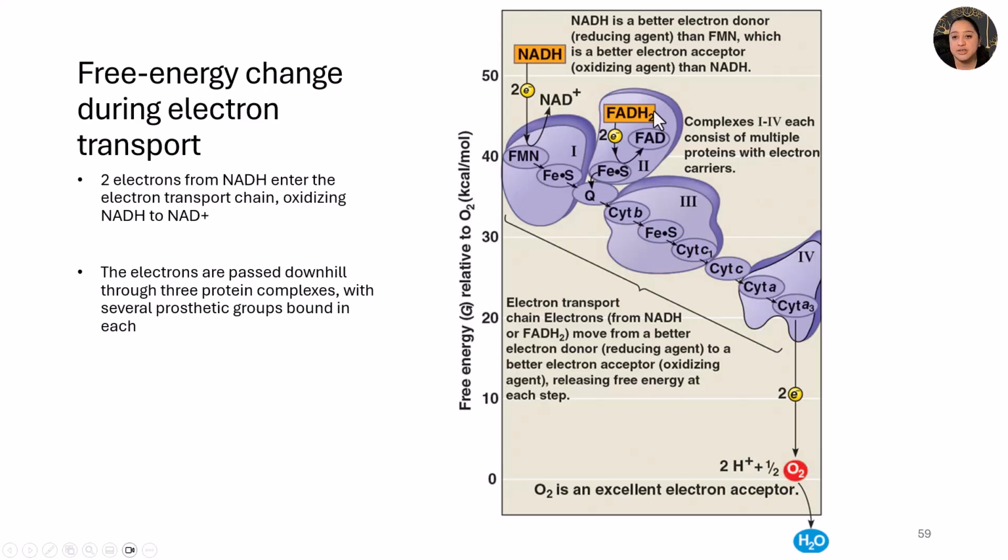Gets passed on, and then FADH2 passes on 2 electrons, and then they just play hot potato through these different protein complexes until eventually at the end, electrons get added to oxygen. It's the final electron acceptor, because remember, oxygen is very electronegative. It wants to take those electrons, and then we make water.